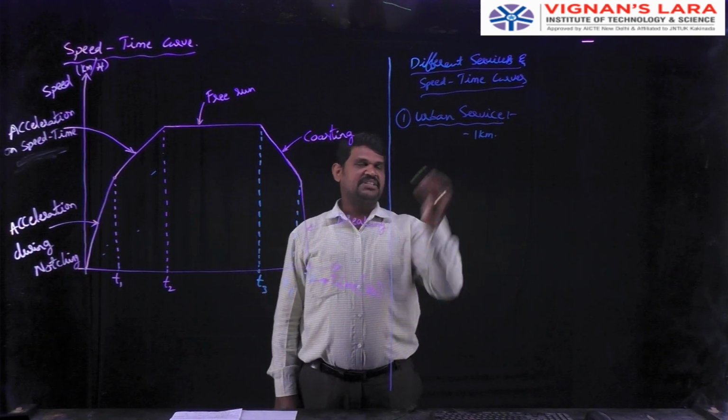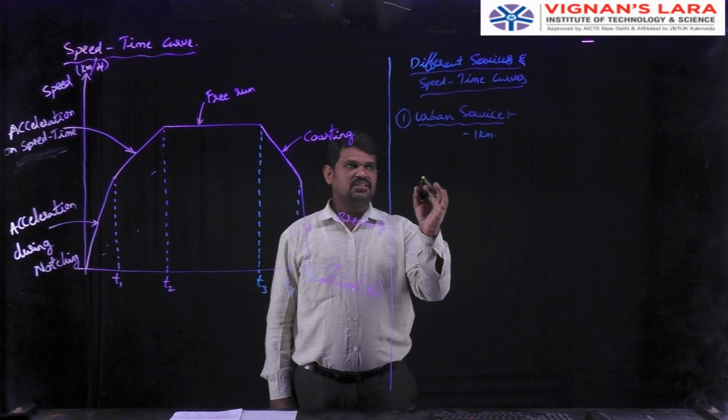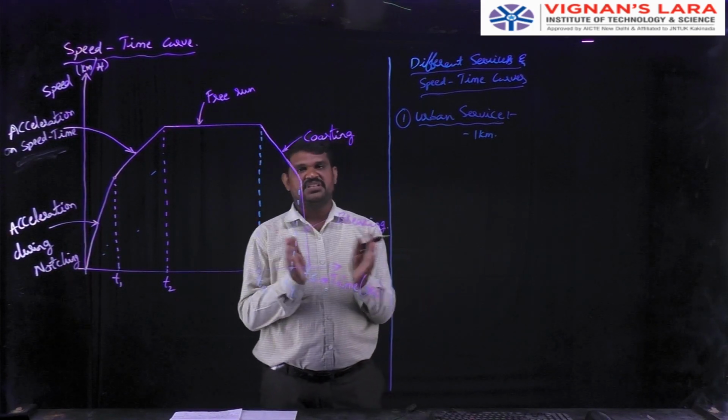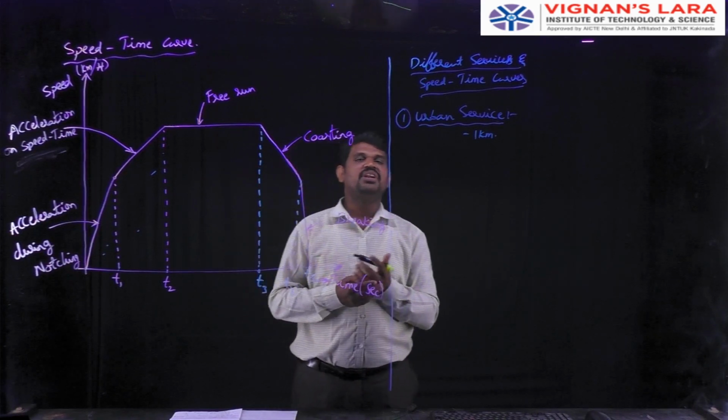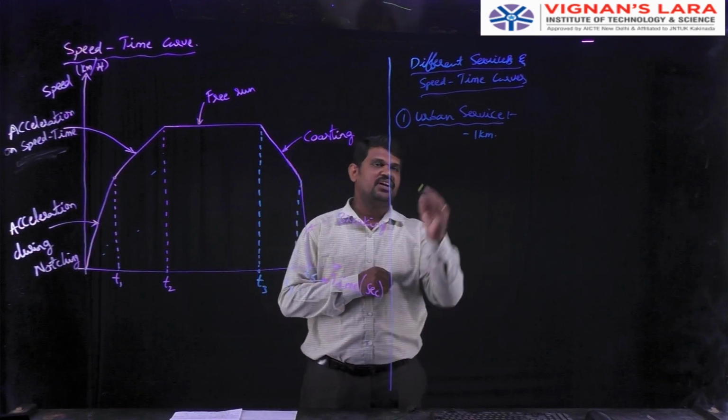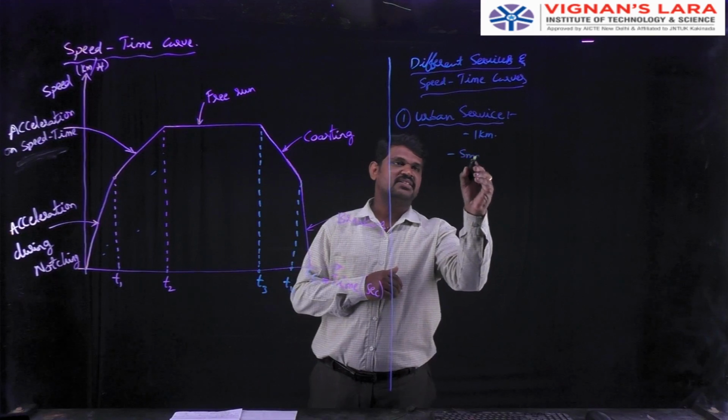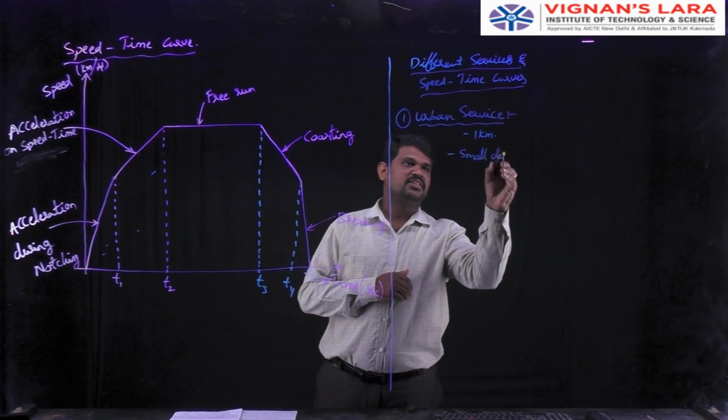In urban service, the distance between two stops is in the order of 1 kilometer, so it is only a small distance.